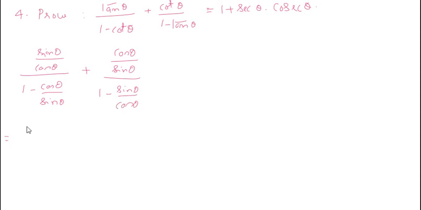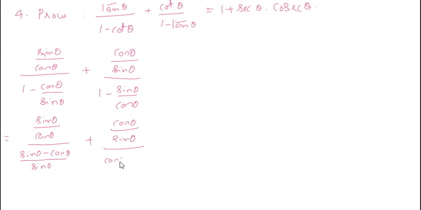So this is equal to, we'll maintain the numerator as it is, sine theta by cos theta, and in the denominator let us have sine theta as the LCM. So this becomes sine theta minus cos theta, plus cos theta by sine theta divided by cos theta minus sine theta divided by cos theta.